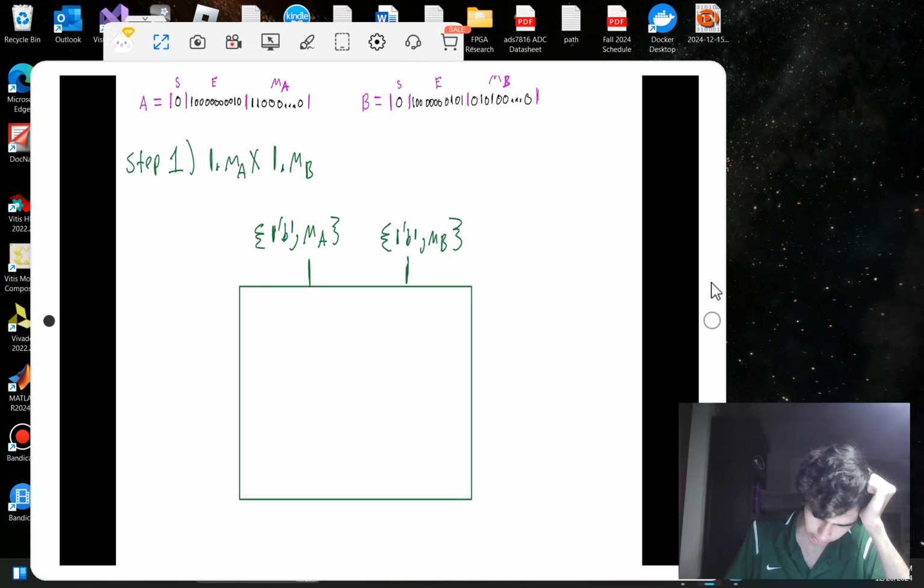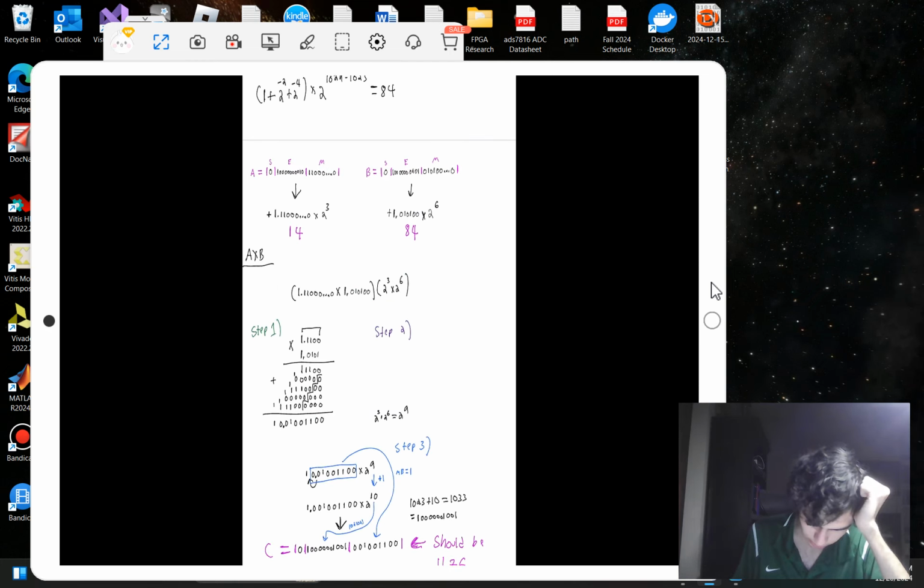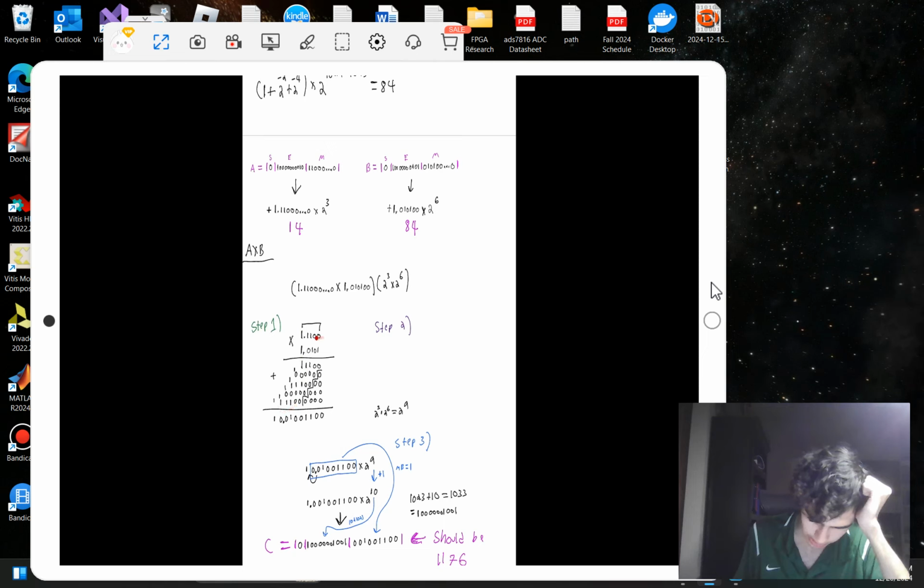And then this will be a 53 bit unsigned multiplier. So this circuitry here is going to essentially do this. You feed this value in, you feed a 1 and then your mantissa, and it'll output this.